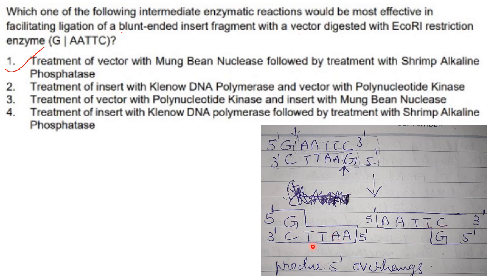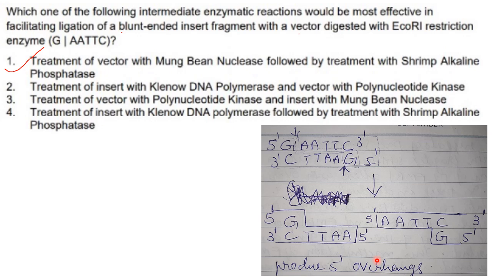So these sticky ends have to be converted to blunt ends so that they will ligate with the blunt-ended insert. So what you have to do for that is, first you have to incubate with mung bean nuclease. Mung bean nuclease helps in removal of sticky ends, the 5 prime overhangs, and turns them into blunt ends.